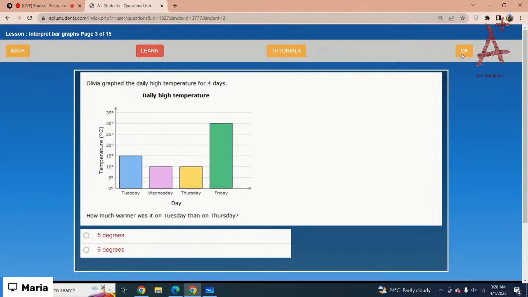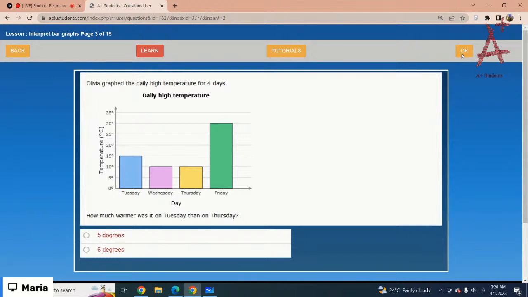Olivia graphed the daily high temperature for 4 days. Got it? It would be Tuesday, Wednesday, Thursday, and Friday. Got it? So how much warmer is Tuesday than Thursday?